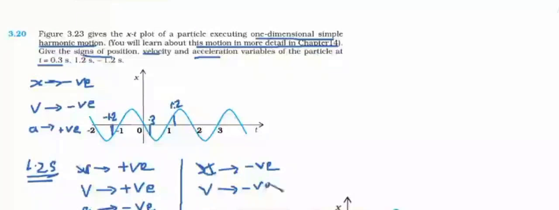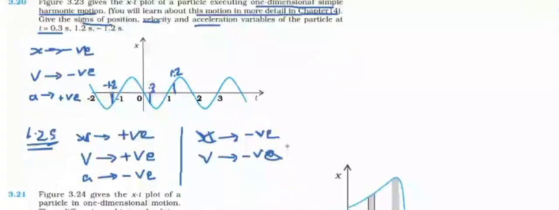Therefore, acceleration is negative. Then in the third case, minus 1.2 seconds, the position is given as negative. Position negative means velocity is also negative. Velocity negative means acceleration is positive.